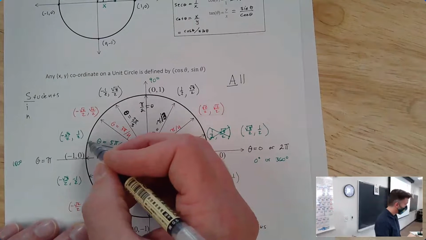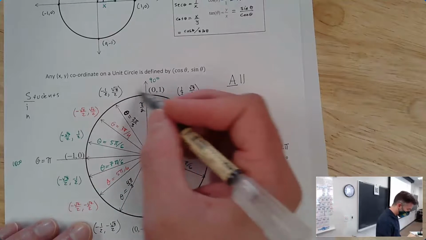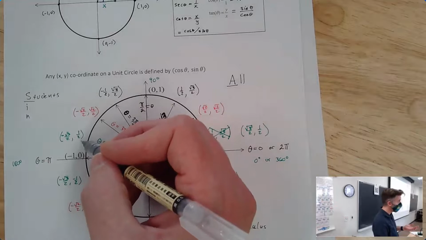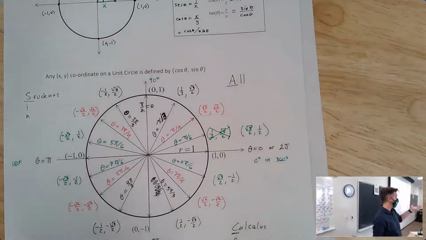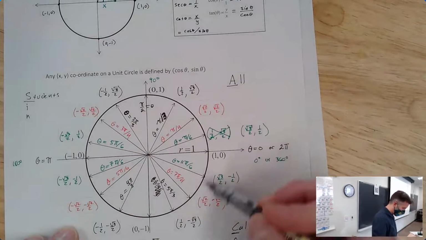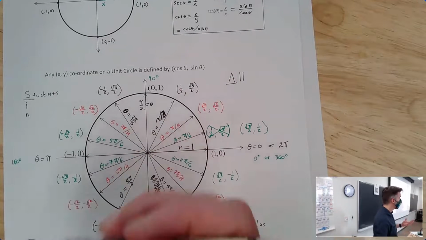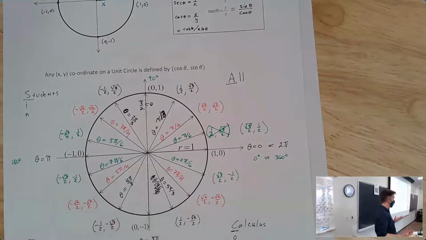So that angle is 17 pi over 6, which is 1 full revolution plus another 5 pi over 6. And what I'm trying to do is get an angle that I recognize better. So I'm saying 17 pi over 6 ends in the same spot as 5 pi over 6 if I just subtract off a 2 pi. I'm subtracting the 2 pi to see that the angles end in the same spot.